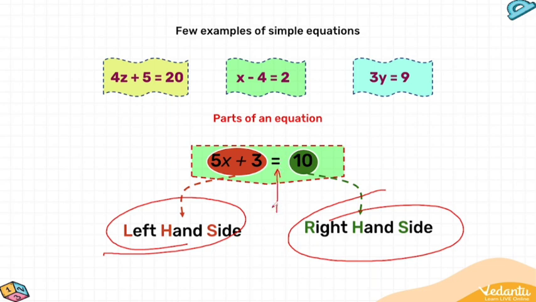We must have an equal sign in between them to make it an equation. If the equal sign is not there, it will remain an expression. Algebra is basically a branch of maths where we deal with constants and variables. Here we have a variable x. It can be y, a, b, anything.